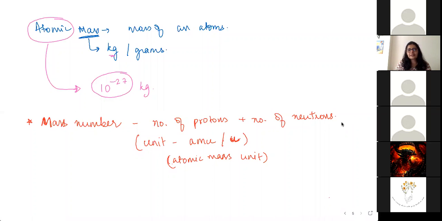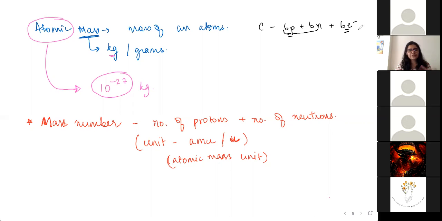For example, carbon has 6 protons and 6 neutrons, and it'll have 6 electrons. 6 plus 6, 12. Mass number is the number of protons or electrons plus number of neutrons. We say protons or electrons only because their number is equal.